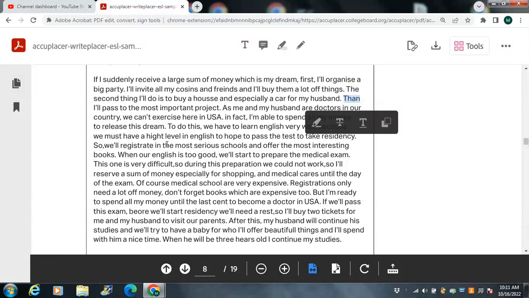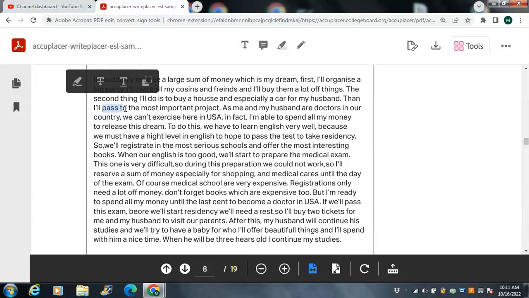Then, comma, I'll pass to the most important project. Now, pass is a little bit of a strange use of an action verb. You would rather say something like, then I'll move, or I'll move along to the most important project, as opposed to passing someone, because this sort of pass sounds a bit awkward.